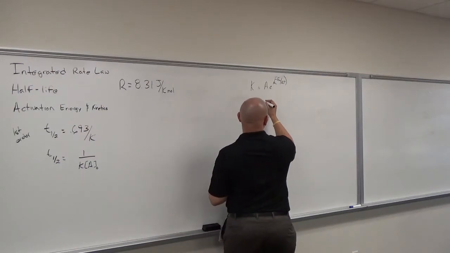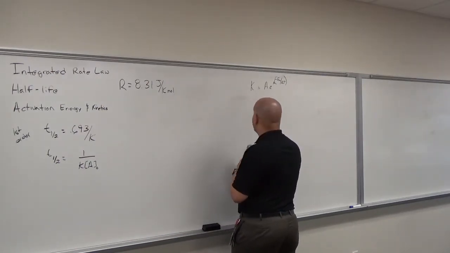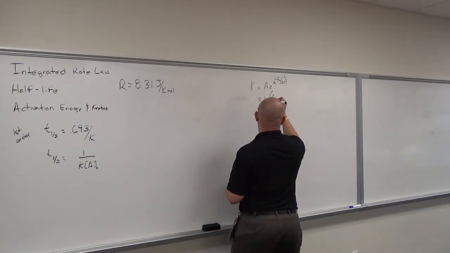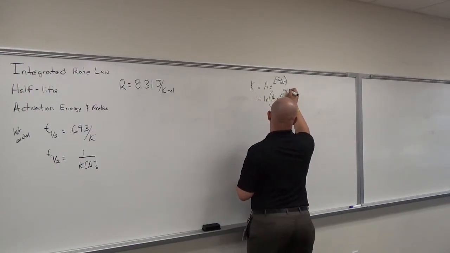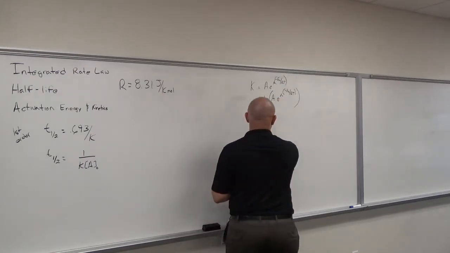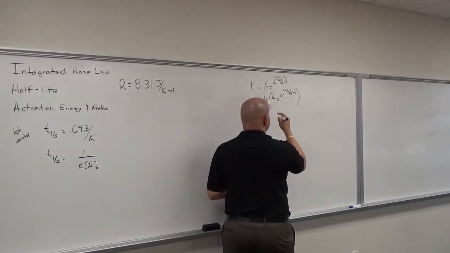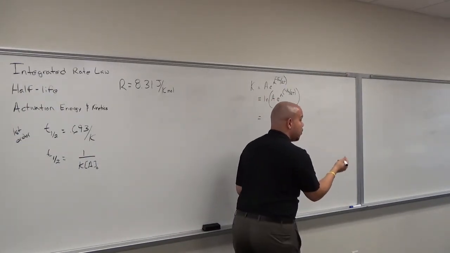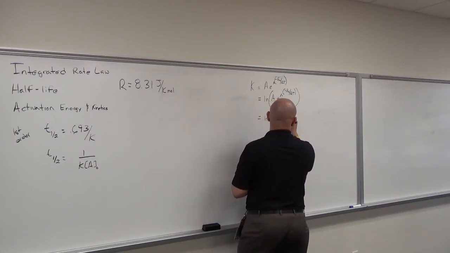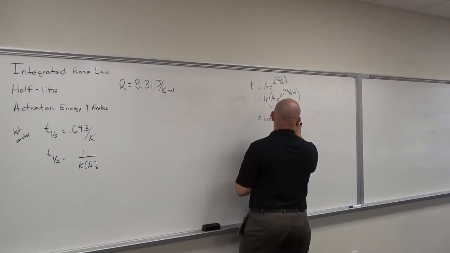One of the rules is if you take the natural log of two things that are a product, you take the natural log of this entire thing, that equals the sum of the natural log of both, which means that you end up with natural log of A minus EA over RT.